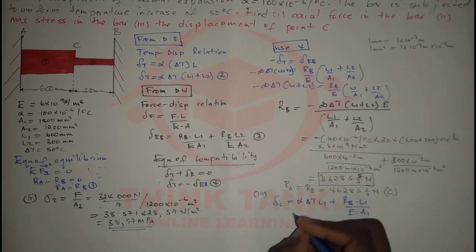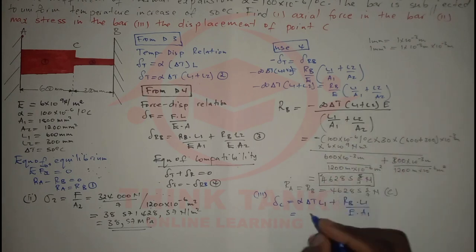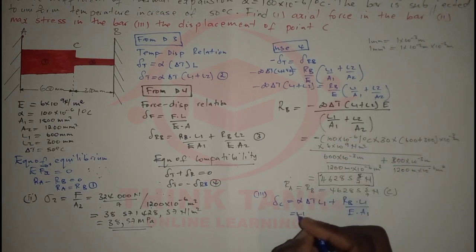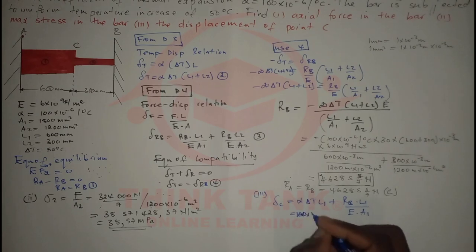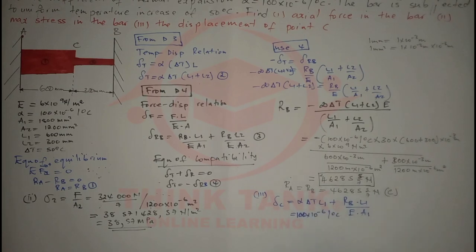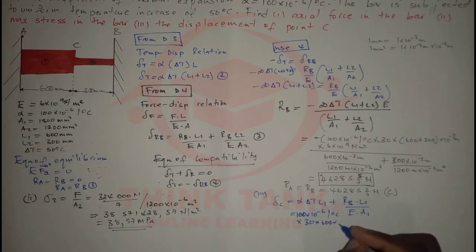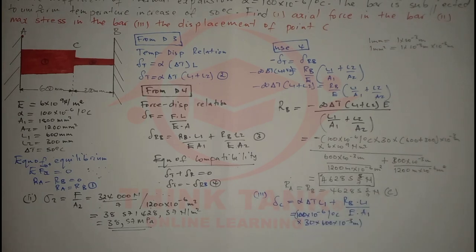From here we have positive 100 times 10 to the power negative 6 per degree Celsius, times the change in temperature, which is 30, times the length, which is 600 times 10 to the power negative 3 meters. That is for the first part.